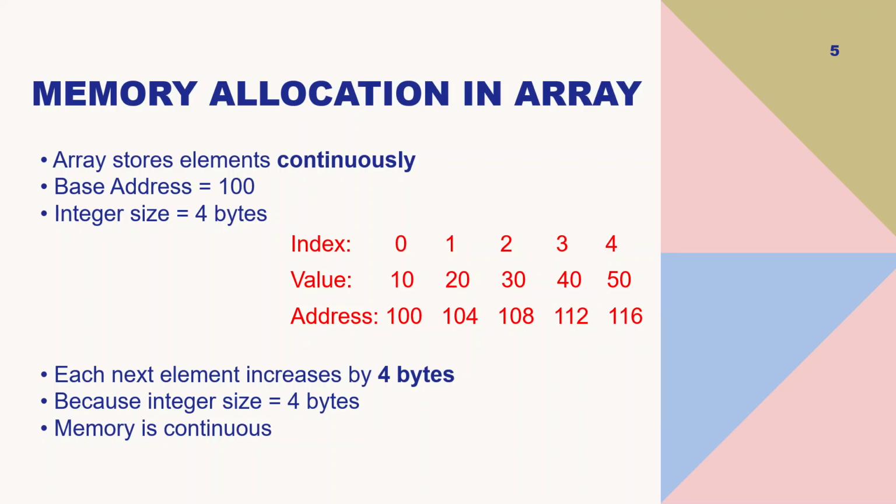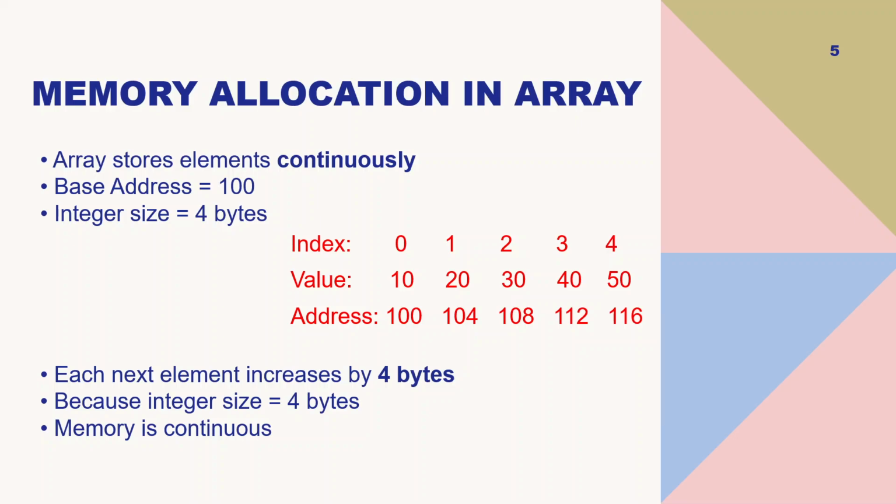First, we know that the size of an integer is 4 bytes and here our array is an integer type. So here we assume the base address is 100. So we are increasing the base address by 4 bytes.